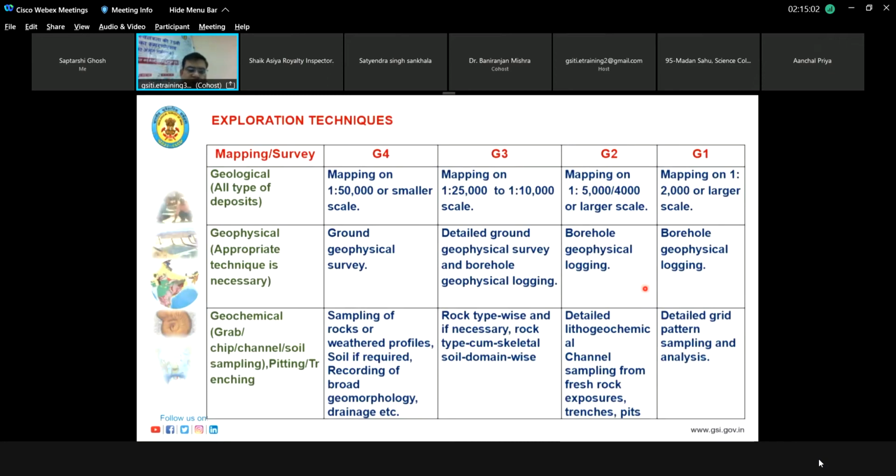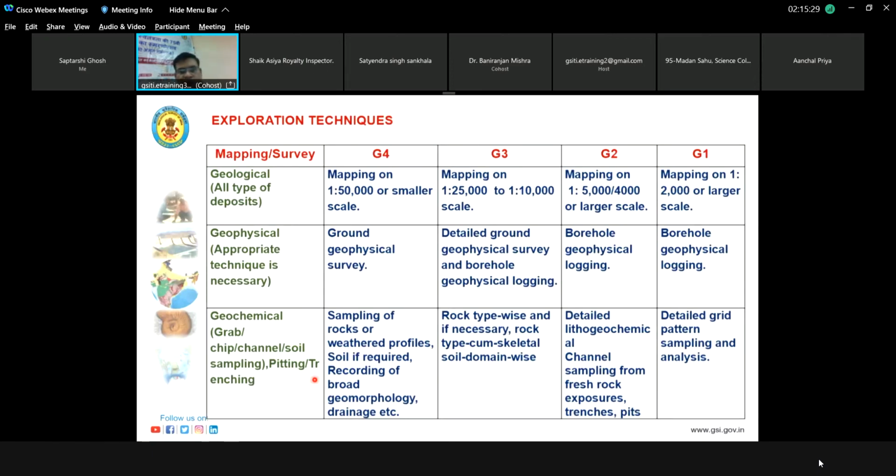Then geochemical: grab sample, chip sample, channel sample, soil sampling, pitting, trenching, etc. That is also done in G4, G3, G2, and G1. Sampling is the most in borehole cases. If you have a particular mineral zone in G4, you can also sample the whole borehole if you want, and if you are geologically confident that we can definitely get something by sampling, then we can go for that, no problem.